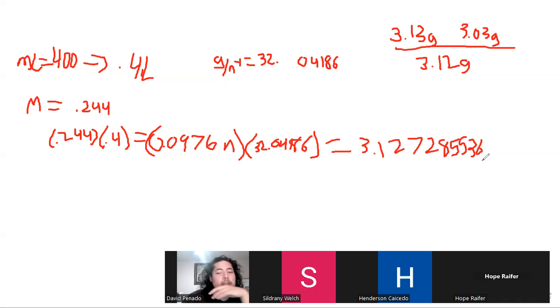So you went to the 3 sig figs, right? Yeah, because 0.244 has 3 sig figs. I did 3.1 and I rounded the 2 to 3. It would be 3.13 grams of CH3OH.